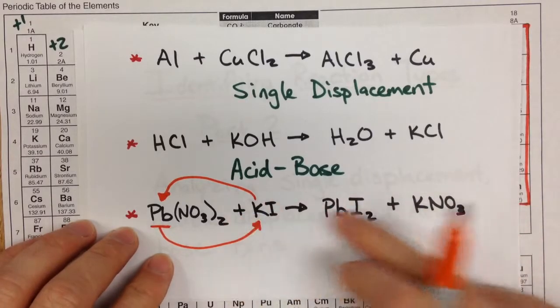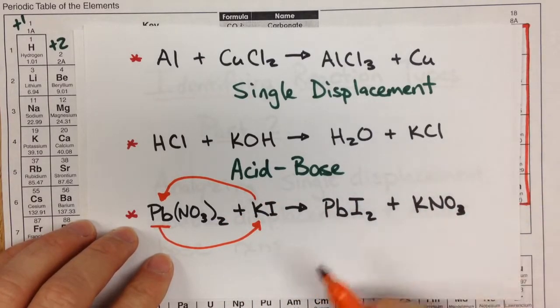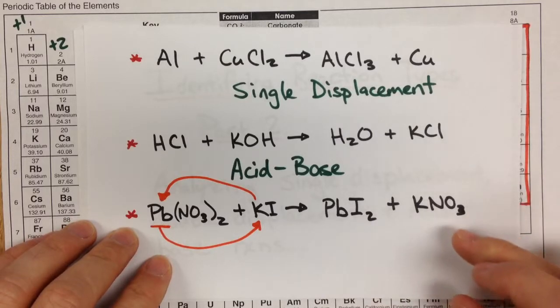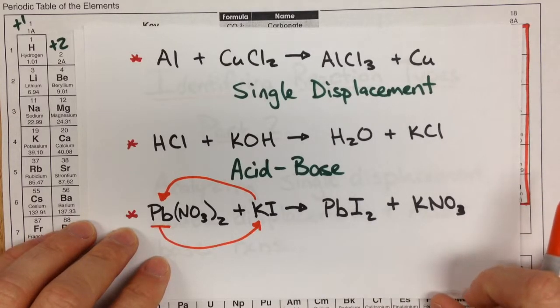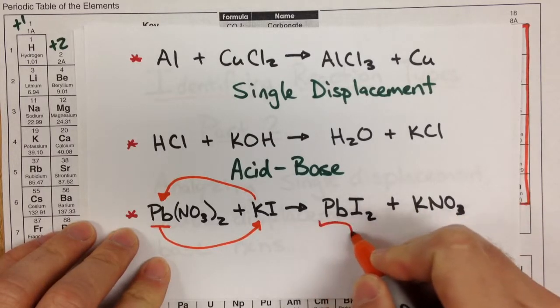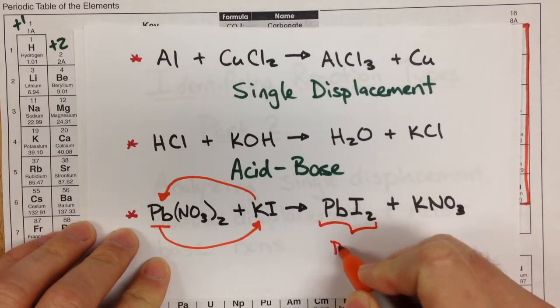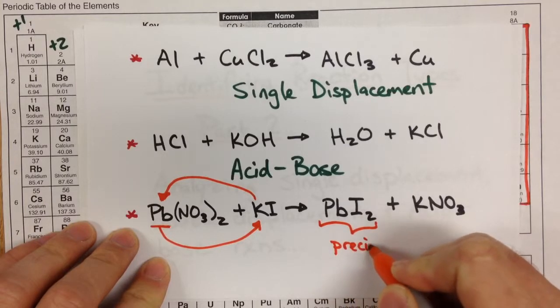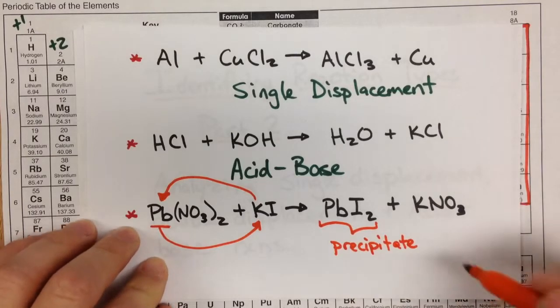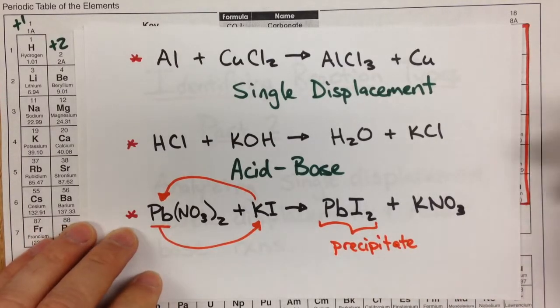If we wanted to, we could check the solubility rules and figure out which one of these two products is a precipitate. And there is one. This one will precipitate out. And you ought to check a solubility table to verify that.